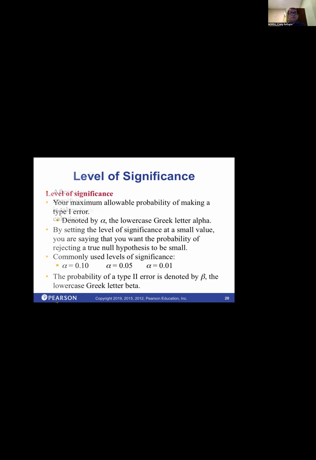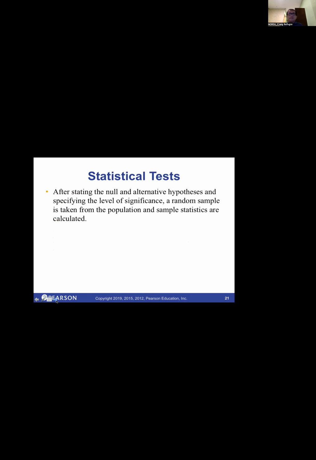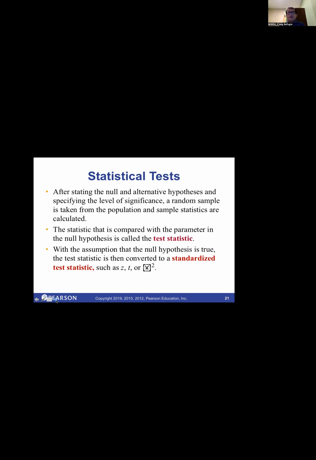Then we have statistical tests. We have different statistical tests, like small letter z, which represents the Z-test, then small letter t, which represents the T-test. We have this one, I think the symbol is not actually clear, but that refers to chi-square.